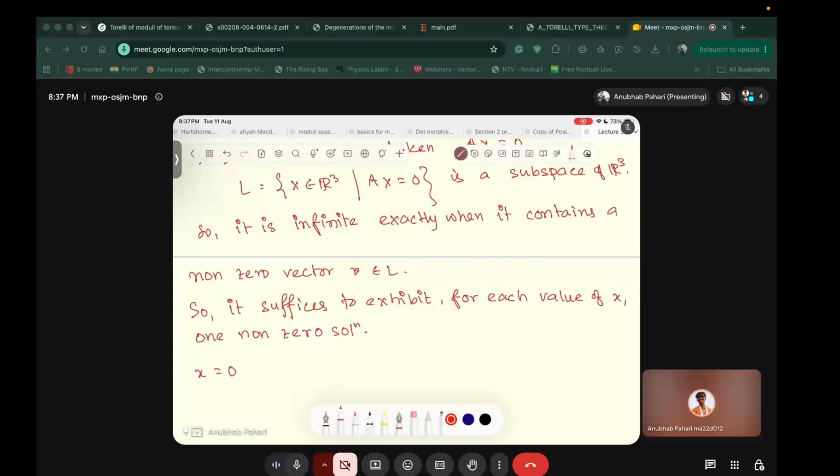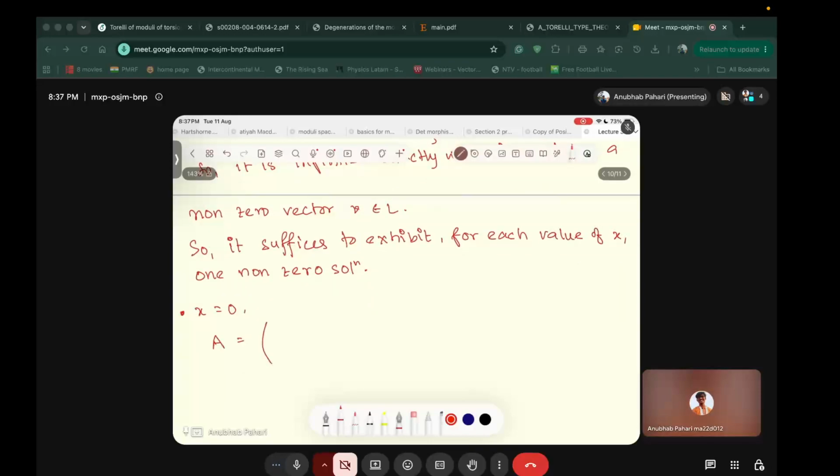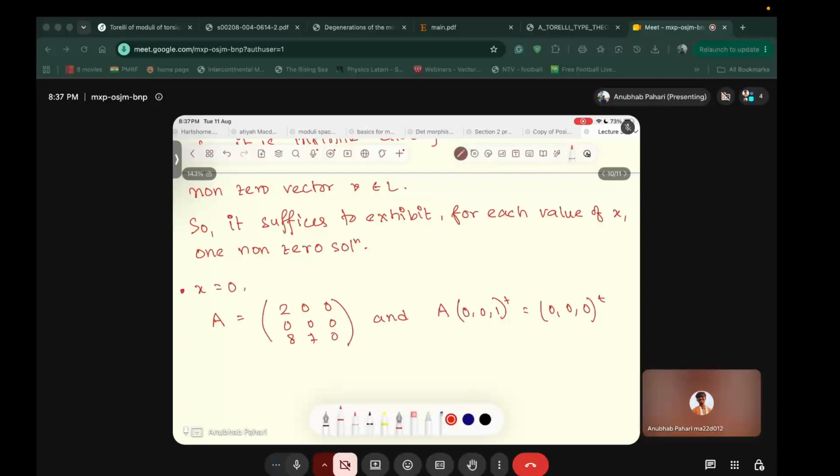So suppose x equals 0, the first subcase. Then our matrix A would be 2 0 0, 0 0 0, and 8 7 0, and A times (0, 0, 1) transpose is (0, 0, 0) transpose.